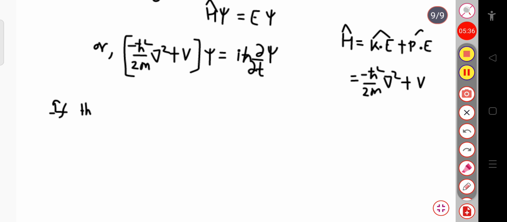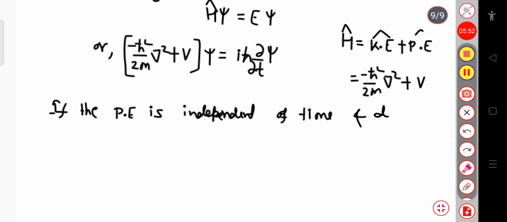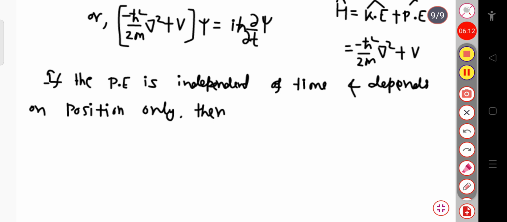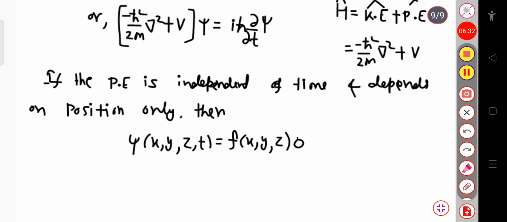Here, if the potential energy is independent of time and depends on position only, then by applying the separation of variables method we can write the wave function psi of x, y, z, t as equal to f of x, y, z, which depends totally on the space variables, times another function phi of t, which depends on the time t.